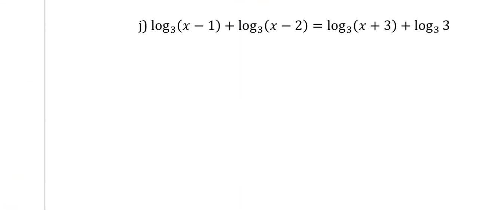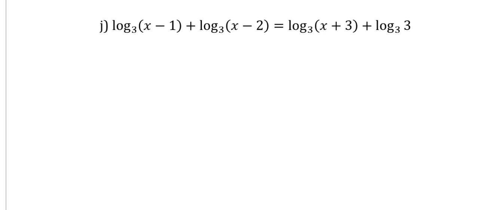Okay, one more question. This one's a little bit different because I've got 3 things. We only have a couple of minutes here, so I'm going to go through this quickly because it's just the last little step that you probably are too worried about. So we do log base 3.